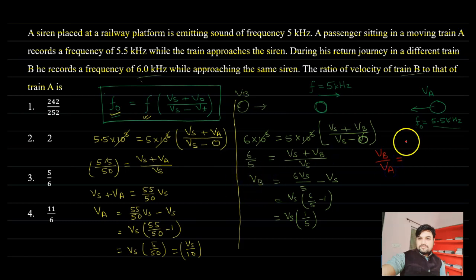So velocity of train B is Vs by 5, and velocity of train A is Vs by 10. So this will cancel out, and Vb by Va is calculated to be 2. So this is the ratio of the velocity of the two trains.